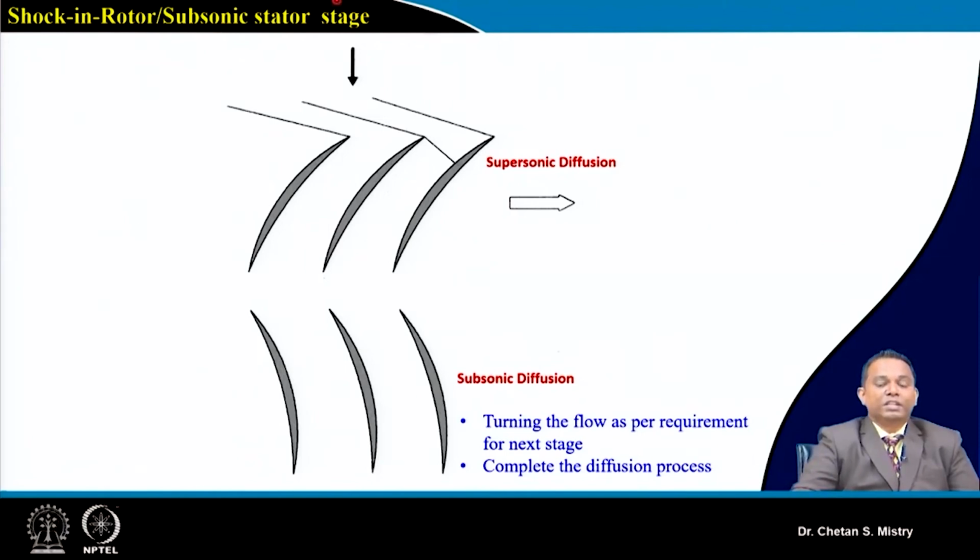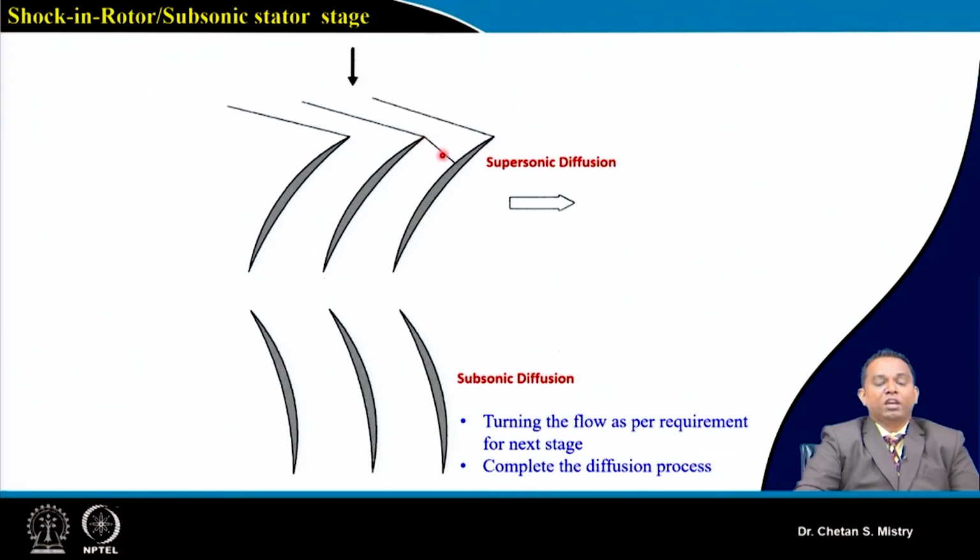So here in this case, we can see we have supersonic flow incident on my rotor. When it is incident on the rotor, we will have the formation of an oblique shock near my leading edge.